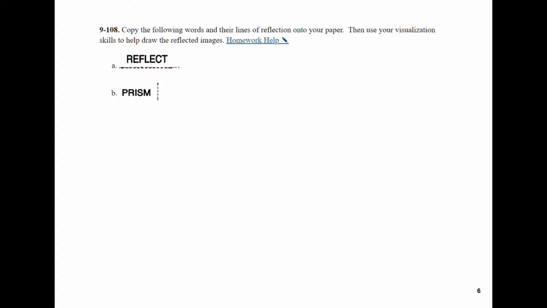If I reflect this over my axes, it should look something like that. When I reflect the word prism, it is going to be like a mirror and should look something like that.